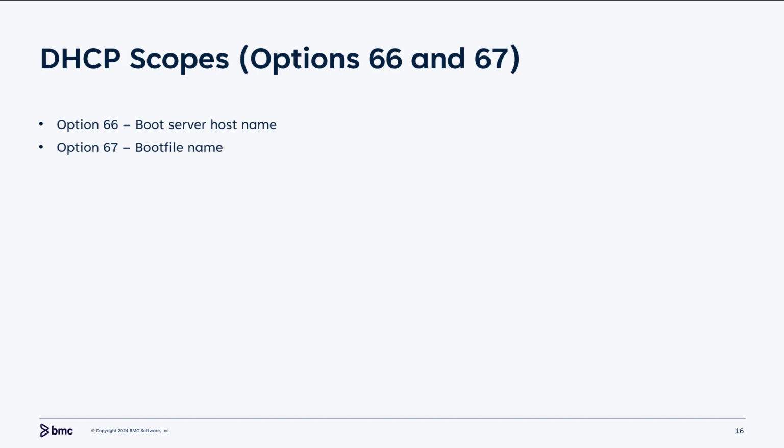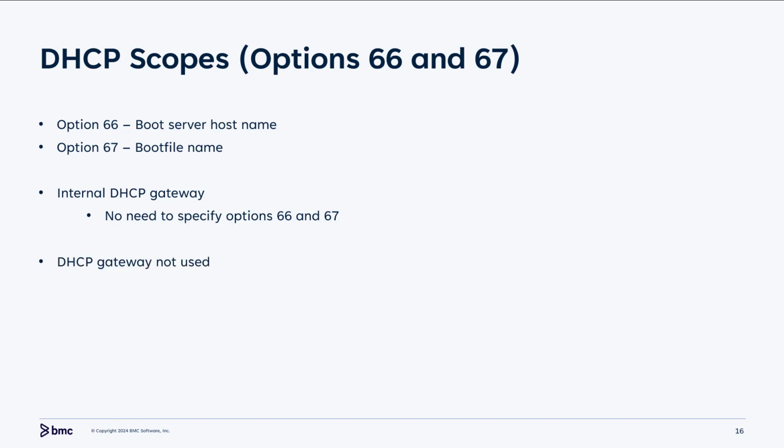When a target device PXE boots, a boot file is sent to the target based on the BIOS firmware, which can either be legacy BIOS or UEFI. The internal DHCP gateway will provide the respective boot file to the target device, and there is no need to specify options 66 and 67.